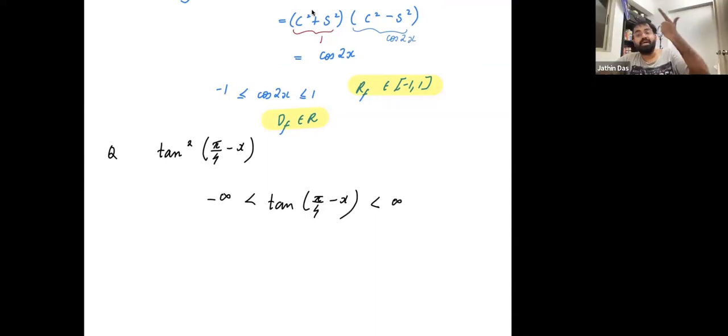Whatever be inside sine, the range is always between -1 and 1. Like tan of x plus pi by 3, or x minus pi by 3, write anything, its range is minus infinity to infinity.